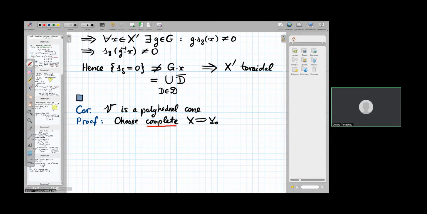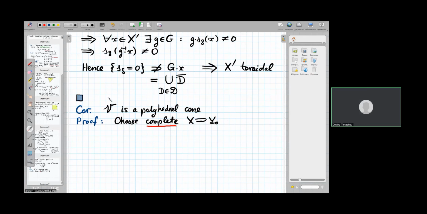Well, we know that Y0 is a homogeneous space, it is quasi-projective, and therefore we can embed Y0 into some projective space. There is an equivariant embedding of Y0 in a projective space. Then we may take the projective closure of this embedded Y0. We get a projective variety containing Y0. It may be non-normal, but we can take a normalization and we get a projective normal variety containing Y0 as an open orbit. So it is not a problem to choose such an embedding.